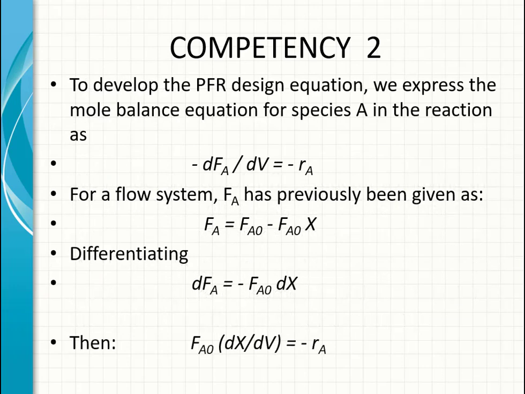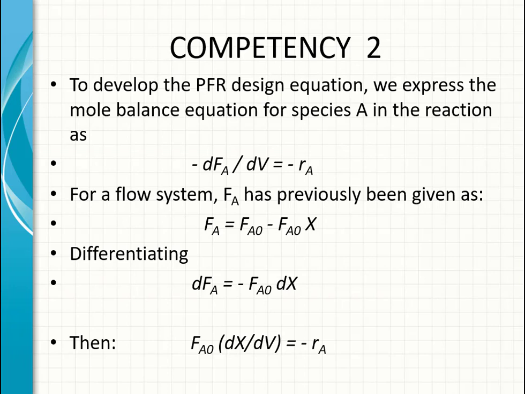To develop the PFR design equation, we express the mole balance equation for species A as dFa divided by dV is equal to ra, that is, minus dFa/dV equals -ra. For a flow system, Fa has previously been given as Fa equal to Fa0 minus Fa0 times x.